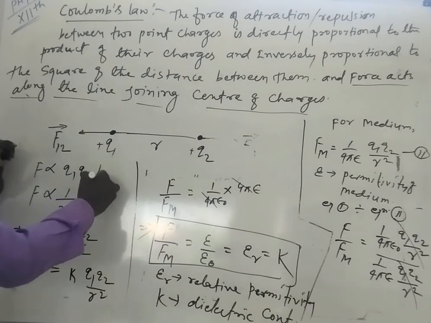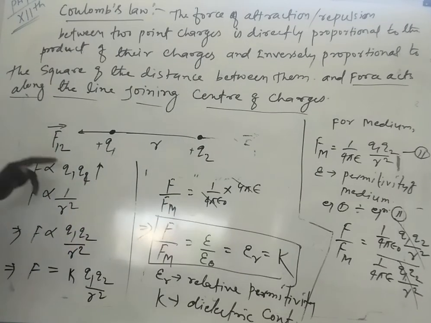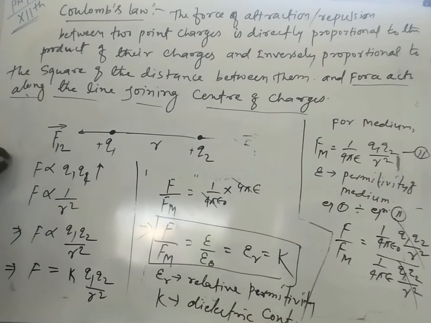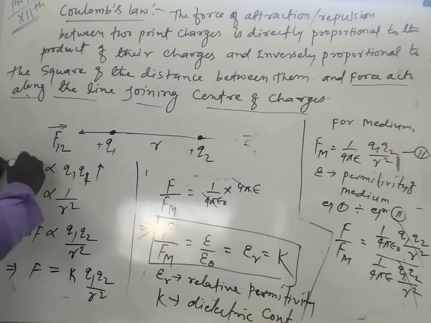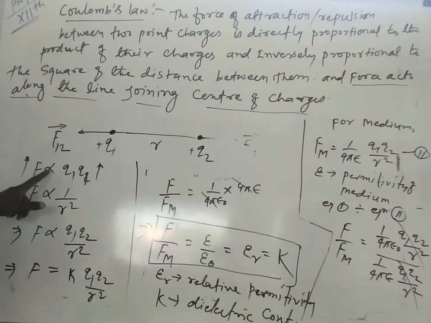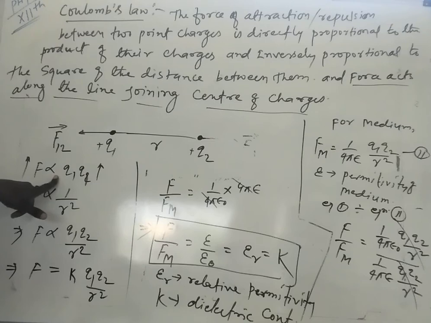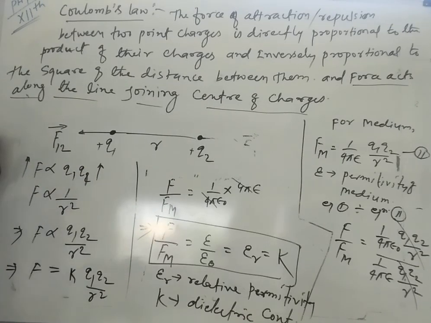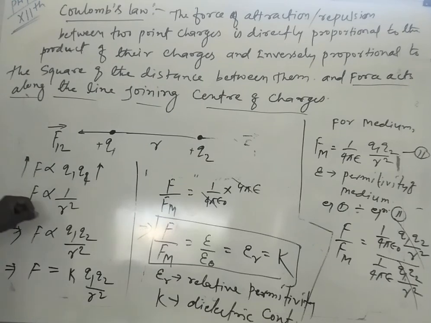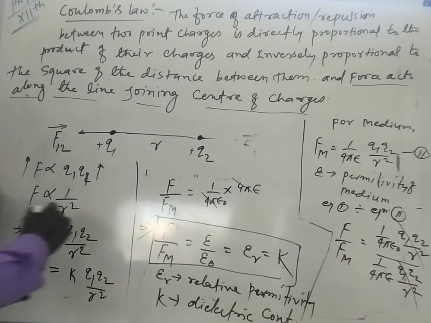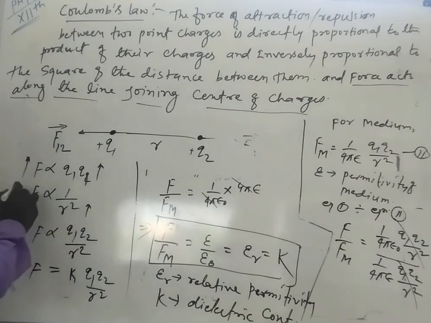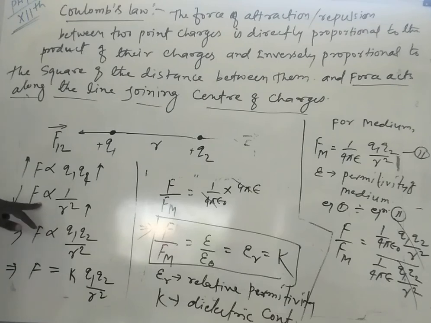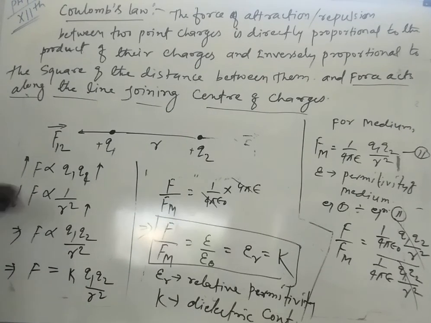It is directly proportional, so if we increase the charges, the force also increases, and if we decrease the charges, the force also decreases. Similarly, if we increase the distance, the force decreases, because the relationship between force and distance is inverse.